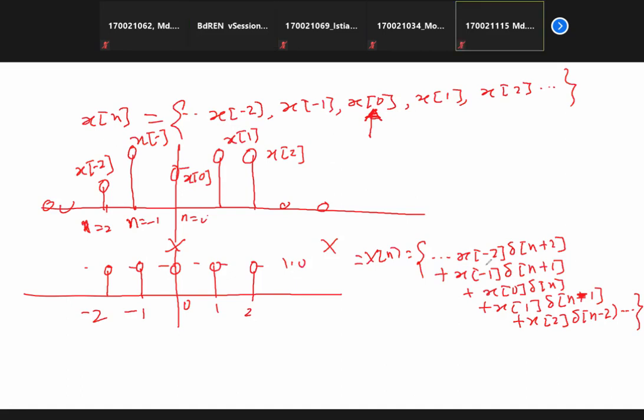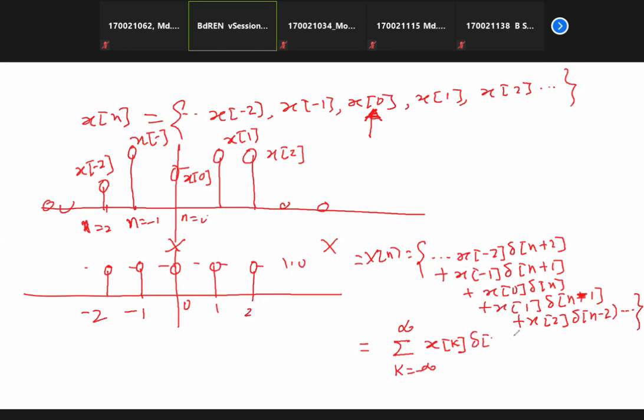So if we add them, can we express this in this way? Is it not a very similar expression to the integration that we have seen earlier? This is one of the important uses of the impulse function in continuous time and discrete time.